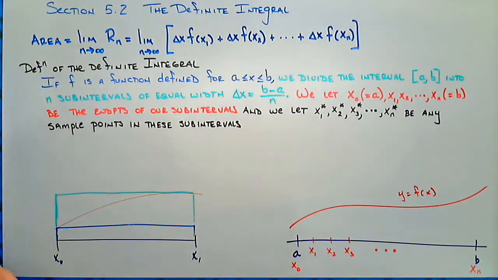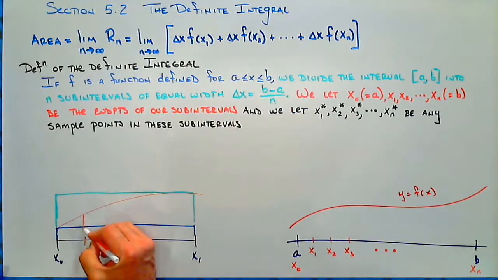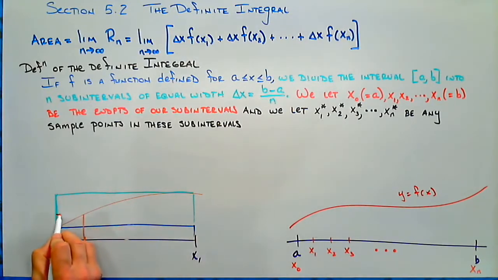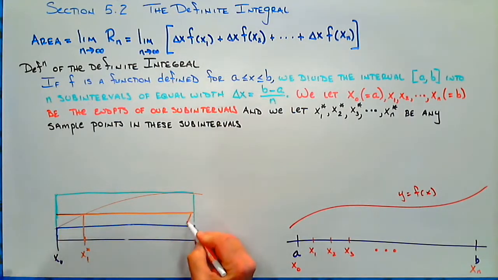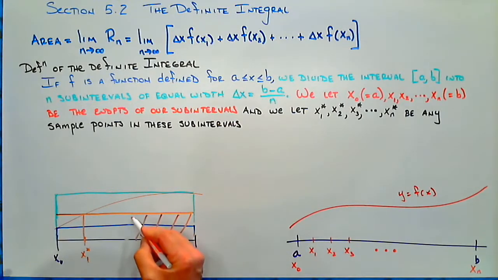Likewise, you're freeing me up to pick any arbitrary point. If I choose this as my x1 star, because I'm in interval 1 and I'm freed up to pick any point, I'm going to get this orange rectangle right here.